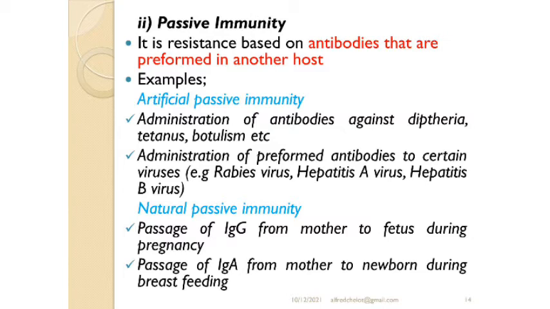It can also include administration of preformed antibodies to certain viruses, for example, the rabies virus, hepatitis A virus, and hepatitis B virus. Examples of natural passive immunity include passage of immunoglobulin G from the mother to the fetus during pregnancy, and also passage of immunoglobulin A from the mother to the newborn during breastfeeding.